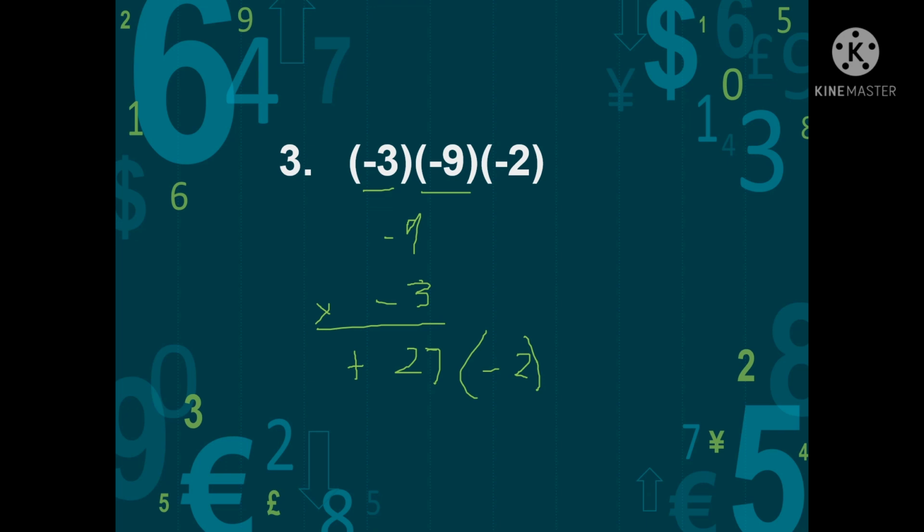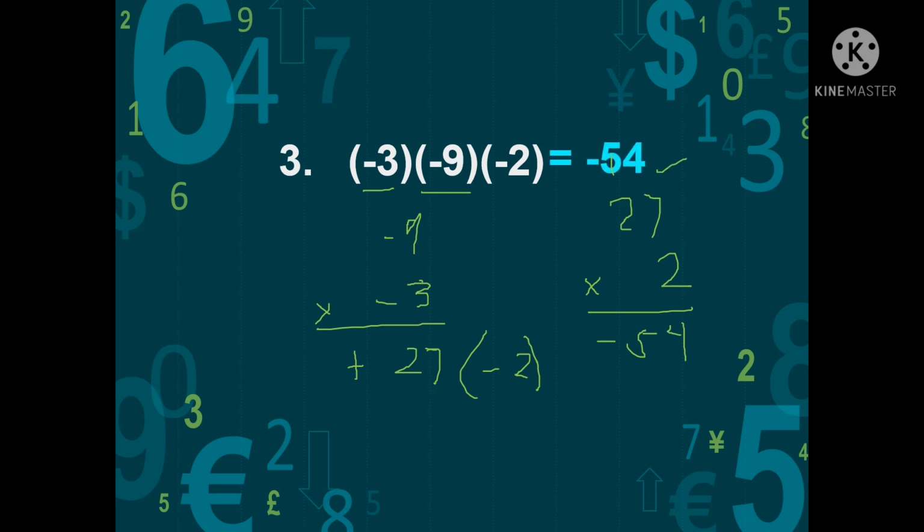So 27 multiplied by 2, 2 times 7 is 14, carry 1. 4 carry 1. 2 times 2 is 4, plus 1 is 5, so 54. We will give the result a negative sign because they have different signs. So negative 54. Let's check if our answer is correct. And our answer is correct.